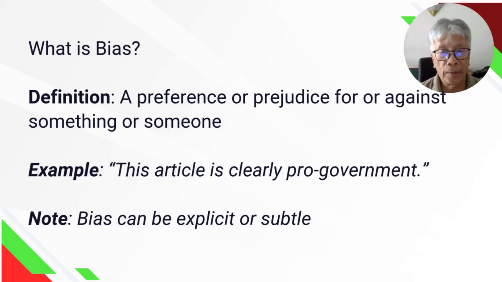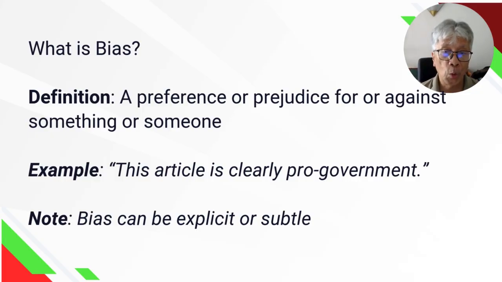What is bias? Bias, the definition is preference or prejudice for or against something or someone. So preference or prejudice, whether that's for or against. For example, this article is clearly pro-government.